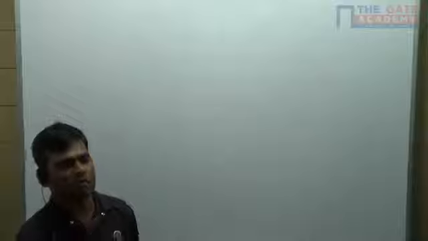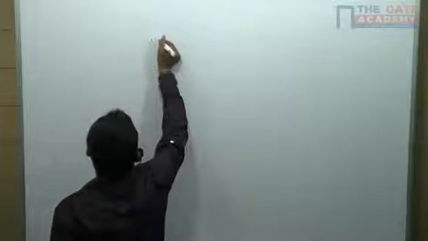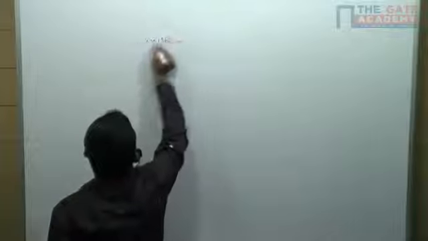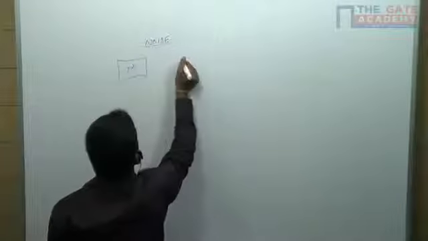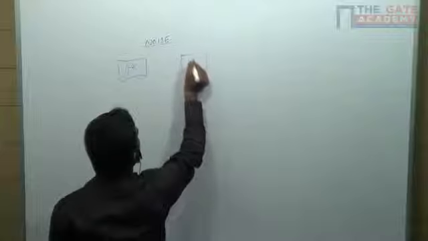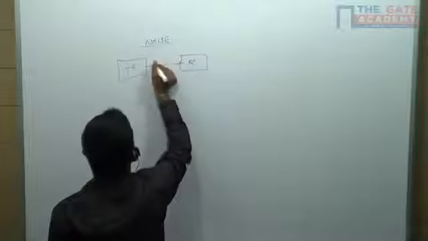Okay, so this is noise. Generally we have a transmitter on this side, and here the receiver is there. In between is a channel.